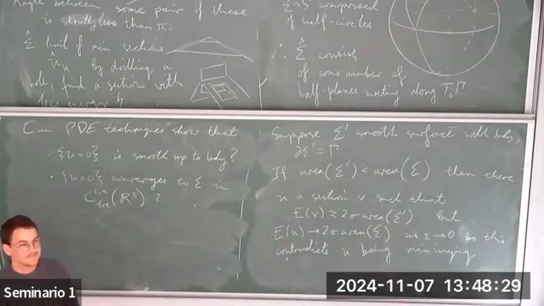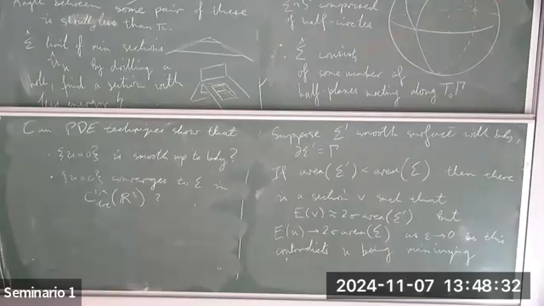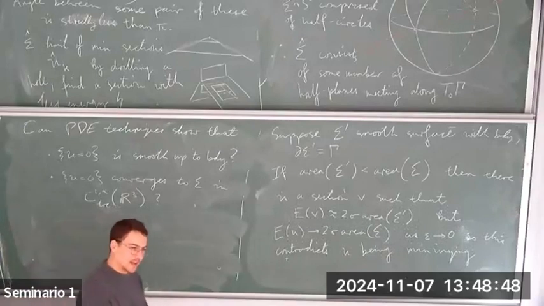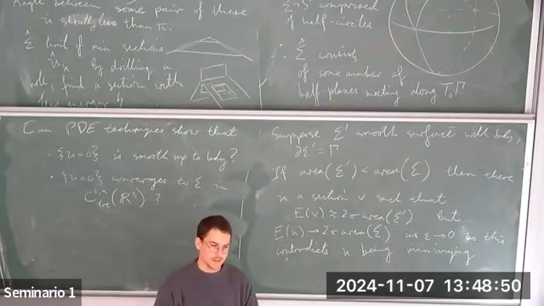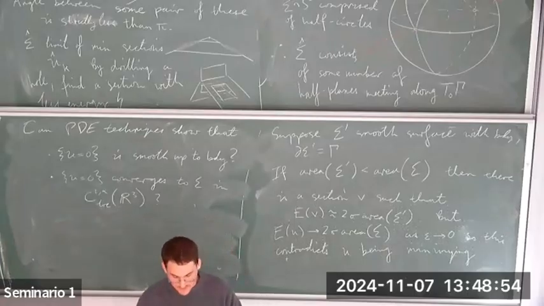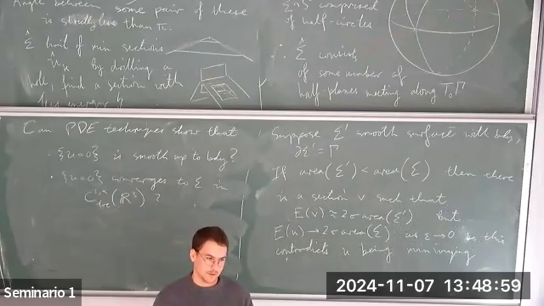So what are you feeling about this question? It's hard. Somehow the first step, it seems, would be to take this half-plane solution in R3, whose construction Marco described, and prove some kind of uniqueness theorems for this.